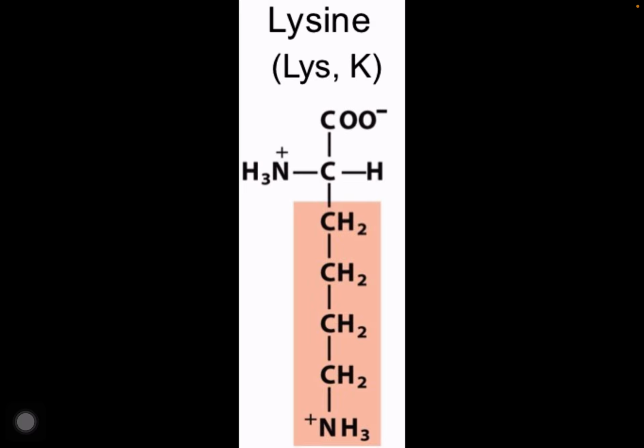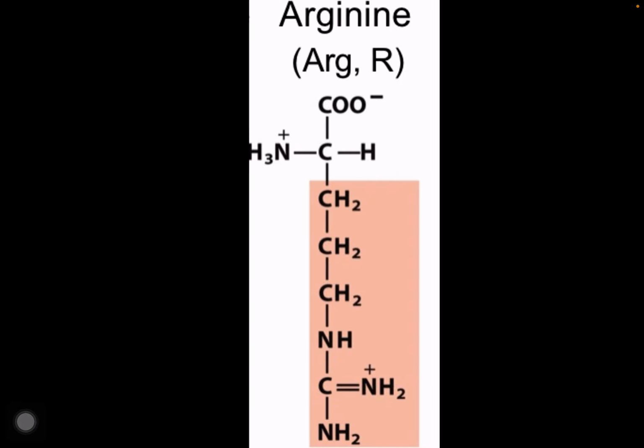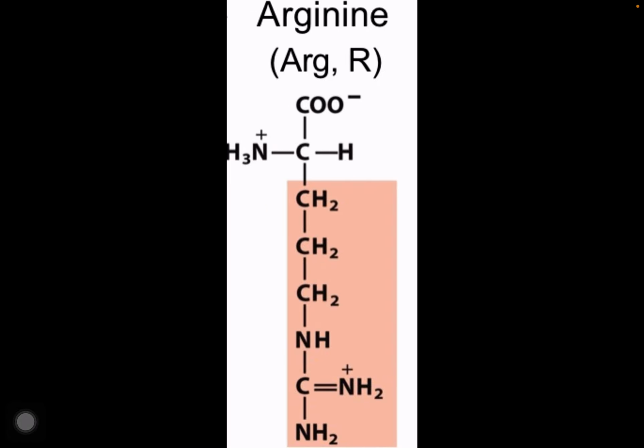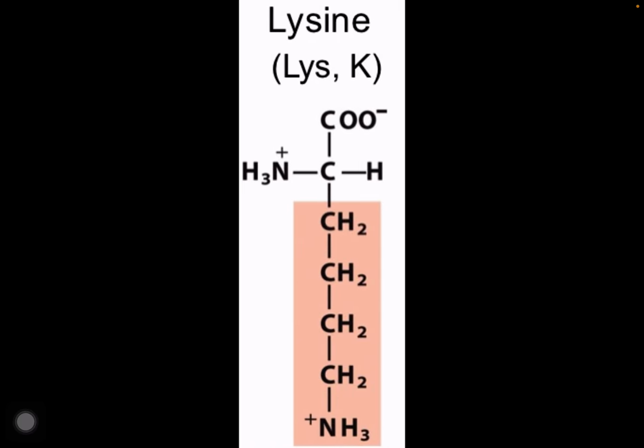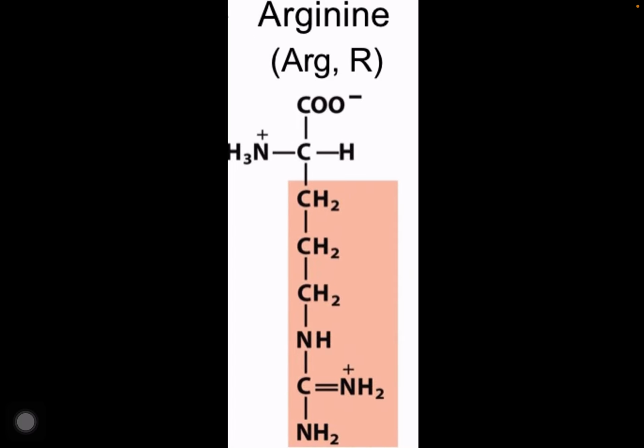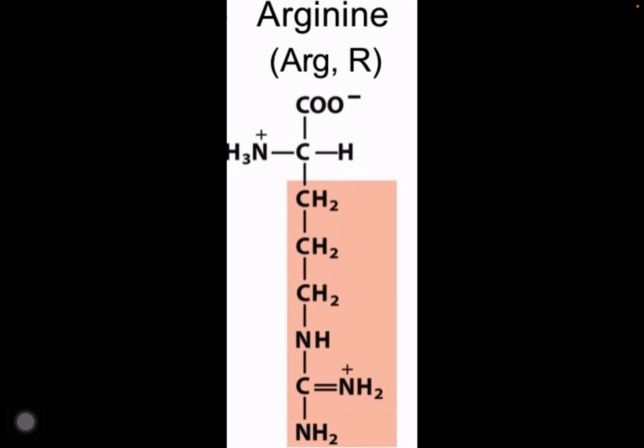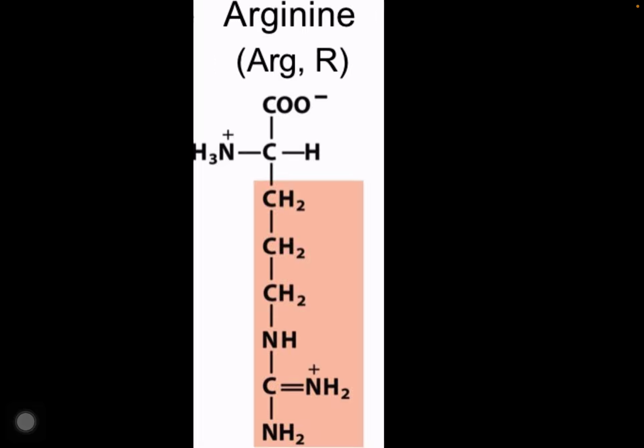So you have 4 CH2 and an amine, called lysine, and it's positively charged. And arginine, you can think of the sound of the name, so the abbreviation is R. It's a little different from lysine in that it has more amine, and it also has a positive charge.